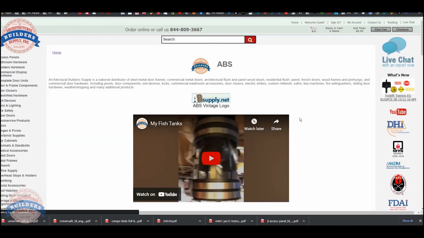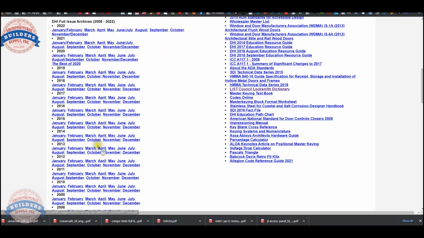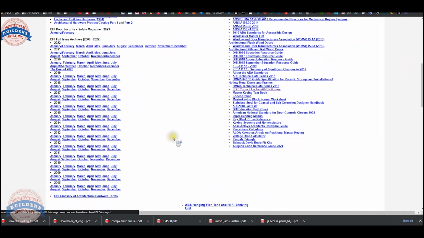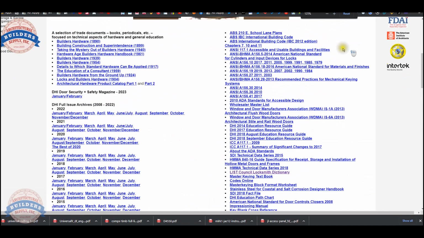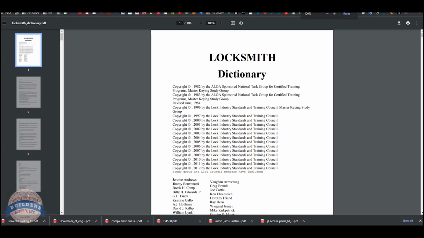This is the page on which I put links to documents that are our bookshelf, our encyclopedia set, our repository of information. On this page, if you do a find function, Control F, for the word list, you'll find List Council, Locksmith Dictionary. Let's take a look at that.